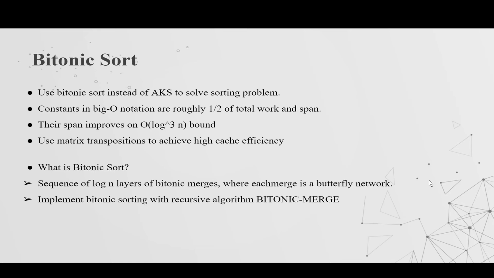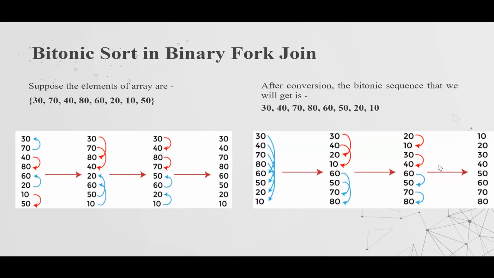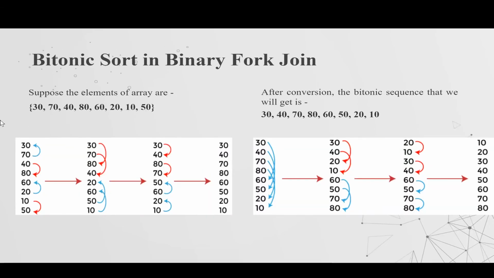They have implemented Bitonic sort with the recursive Bitonic sort algorithm, and let's see how it works on a random array sequence. Now consider we have this array with 8 elements. Now we will find the Bitonic sequence of 4 elements, of the first 4 and second 4 elements. So we divide this whole array into 4 and 4.